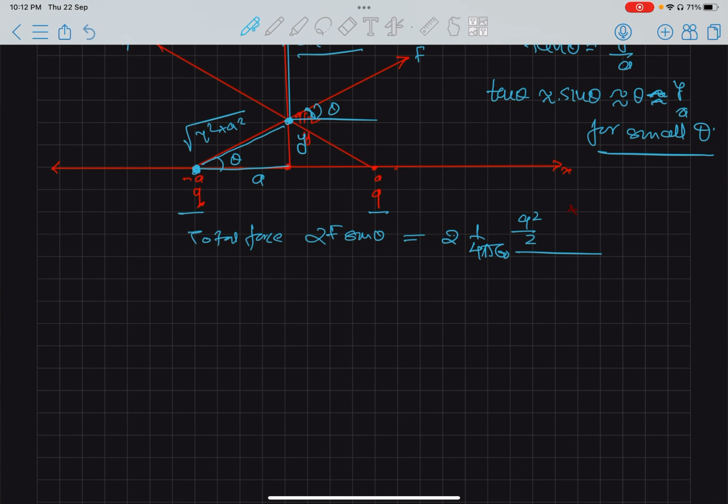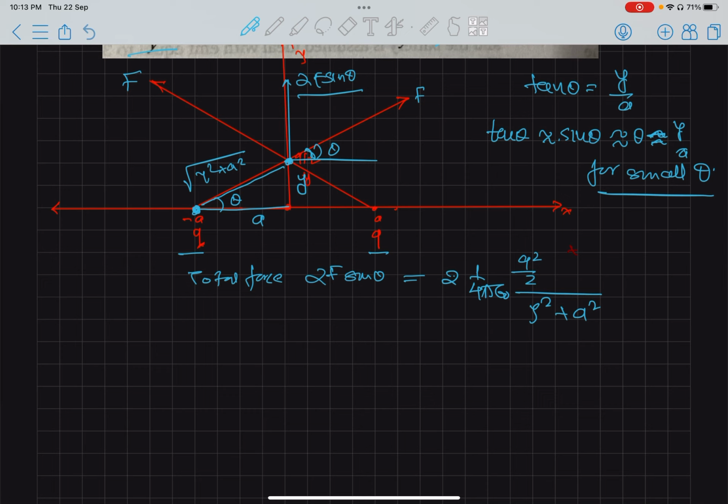So squaring it, the root will vanish, and we will have this into sine theta. We know sine theta we have already calculated as y by a. Another thing we can say is that a is very much larger than y, so a square plus y square will be essentially nothing but a square.